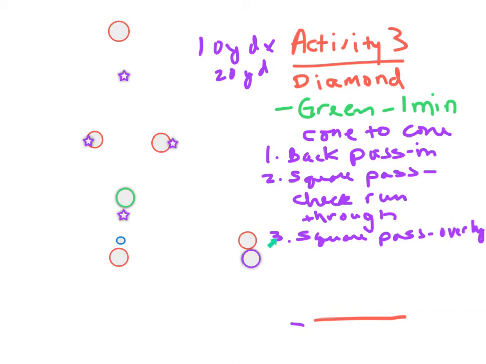Then the third variation is going to be square pass, same exact thing, but now it's going to be an overlap by the green person instead. So if they start with the ball here, kind of the third man overlap, it's going to go there, and then he's going to decide to stay here, and then he sees it here, he times his run to get over and then through, same thing, ball in there.